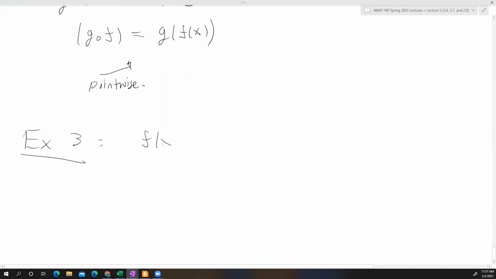You have f of x is equal to x squared, and then g of x is equal to x minus 3. So we want to find f compose g, and then g compose f.